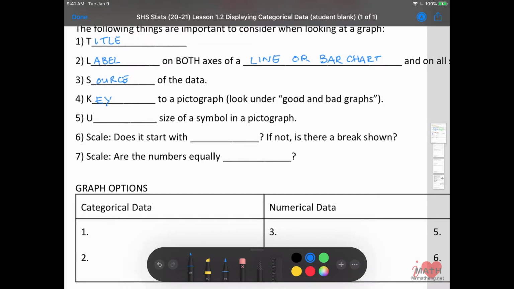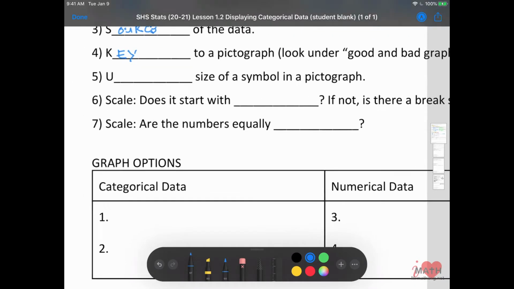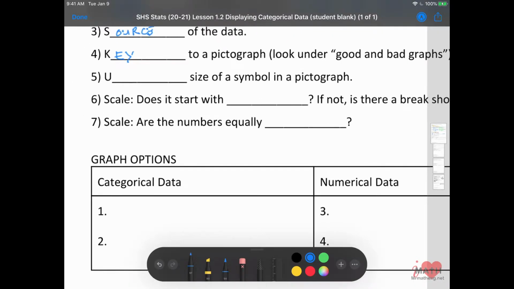Look under good and bad graphs. We'll talk about that in a second. And then number 5, uniform size of a symbol in a picture graph. Number 6, scale. Does it start with 0?